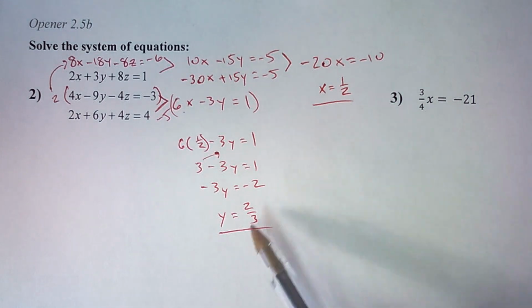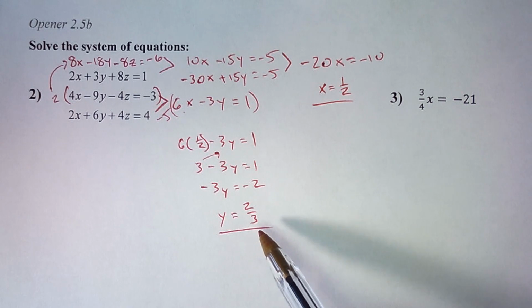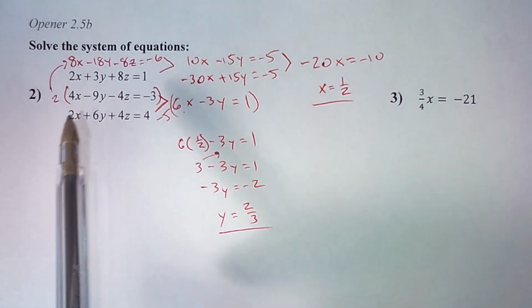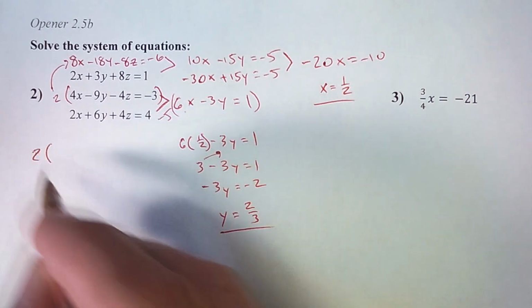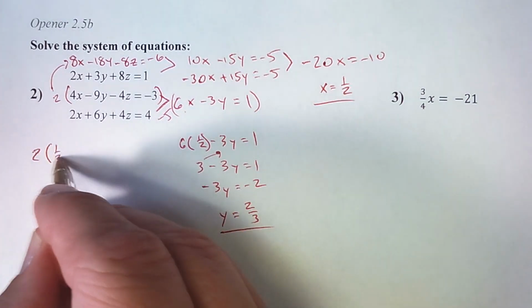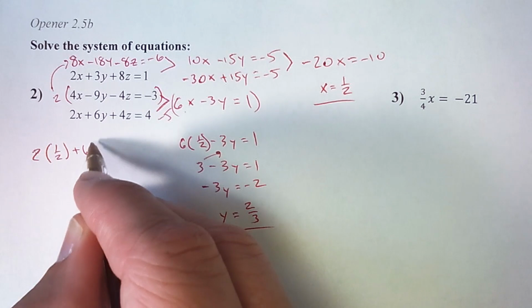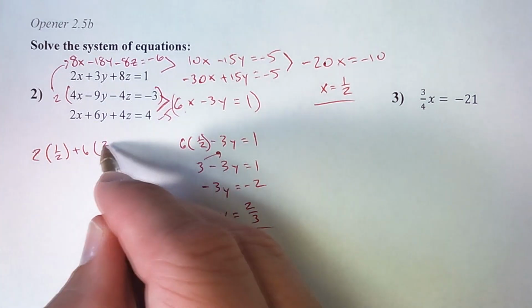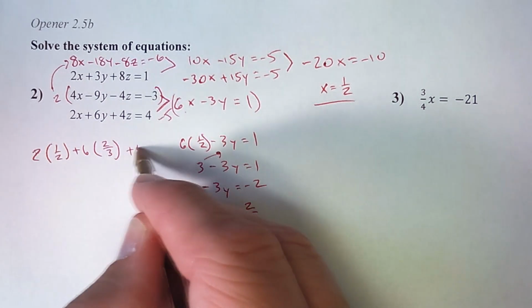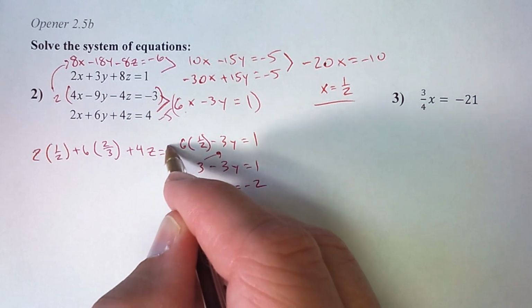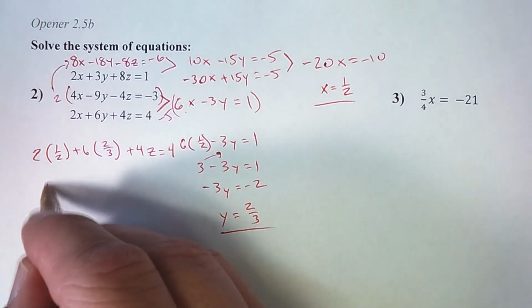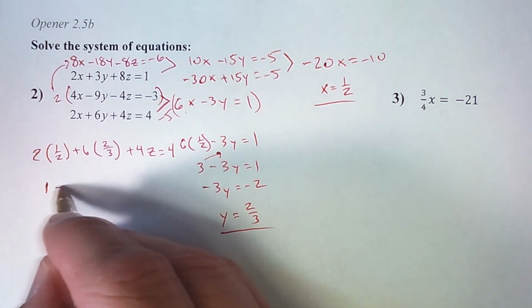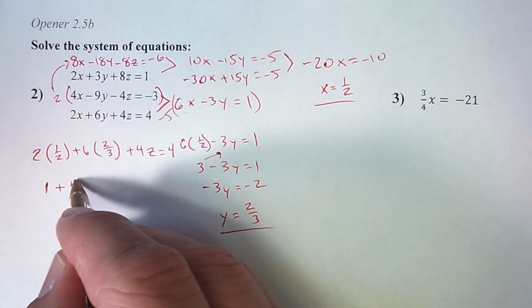Now I can plug x and y into any equation I want. I'm going to use the bottom equation. So I have 2 times 1/2 plus 6 times 2/3 plus 4z equals 4. 2 times 1/2 is 1, and 6 times 2/3 is 4.